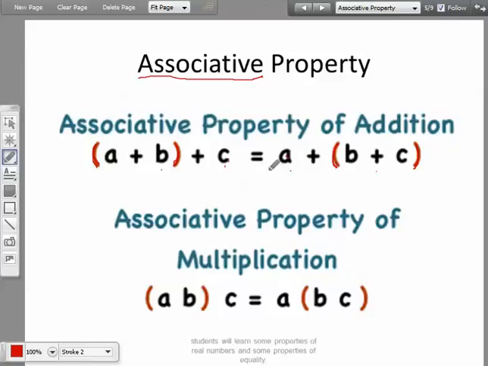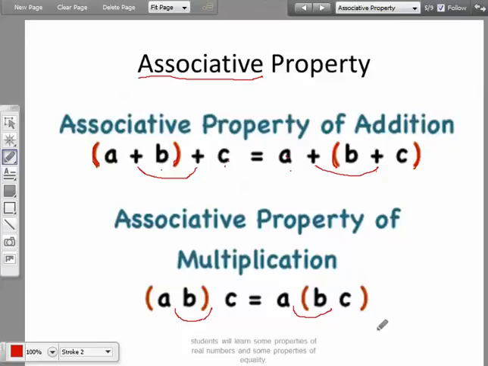It means that we can move these parentheses around and associate 2 things together differently. Notice, both of these are plus signs, both of these are plus signs. Didn't change that any. Down here, notice both these are being multiplied, both these are being multiplied. Didn't change that any, but we can rearrange the order that's going on here.